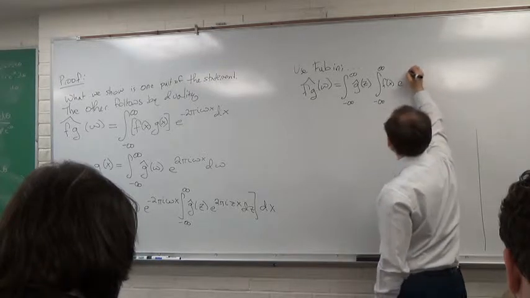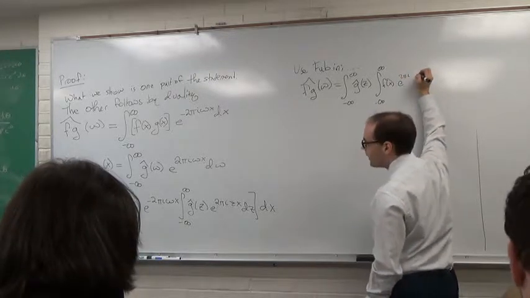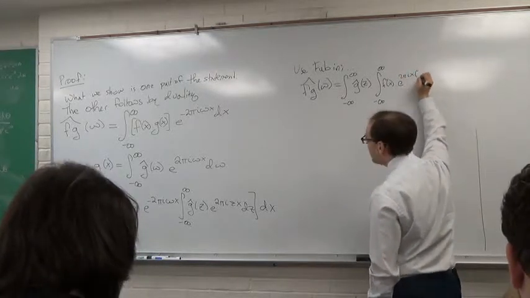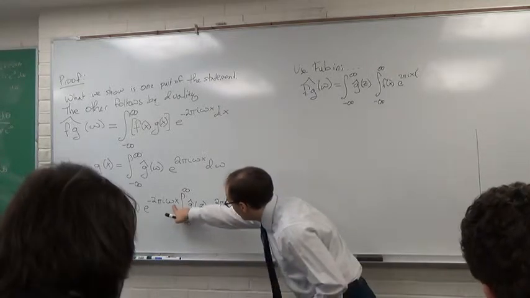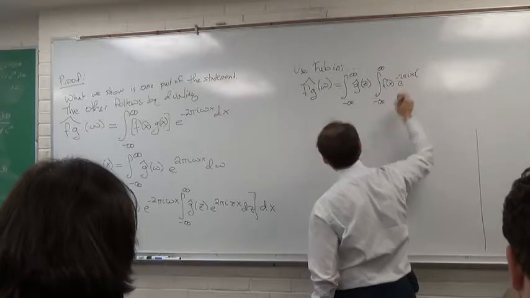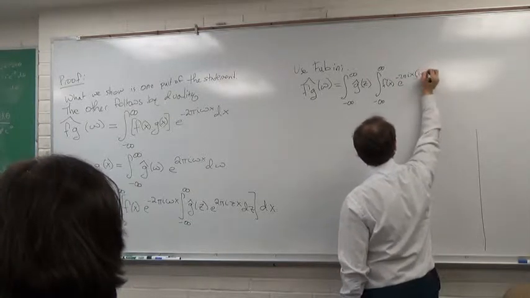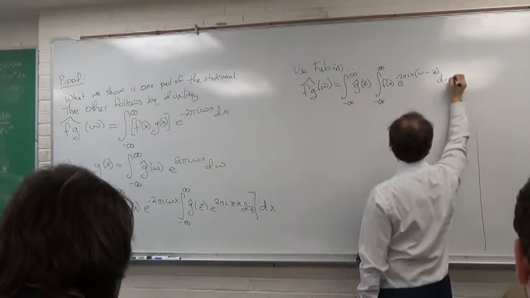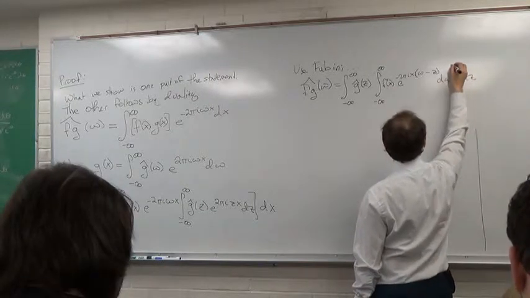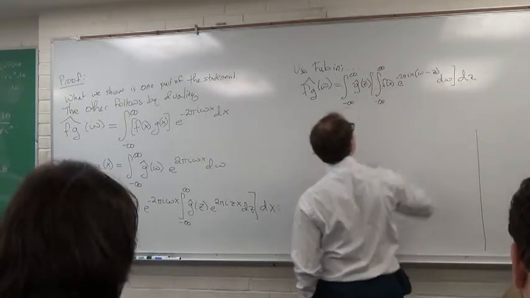And this is going to be e to the 2 pi i, and now I've got an x, in fact, we take out a minus sign, and that's omega minus z. And this is the omega integral on the inside, the z integral on the outside.